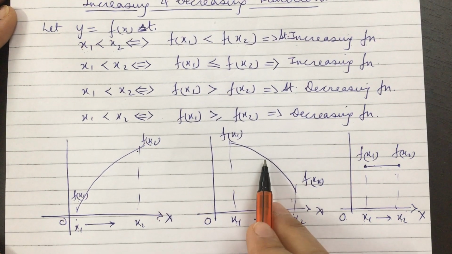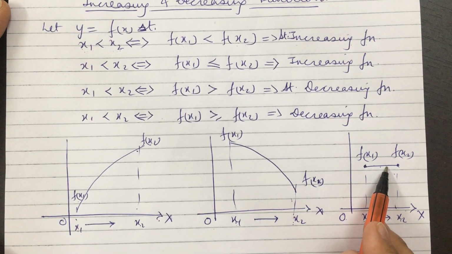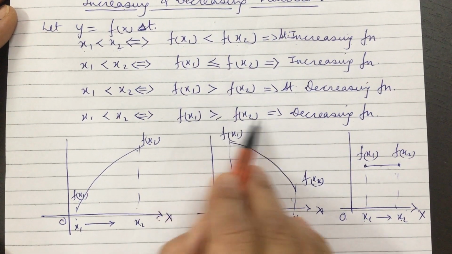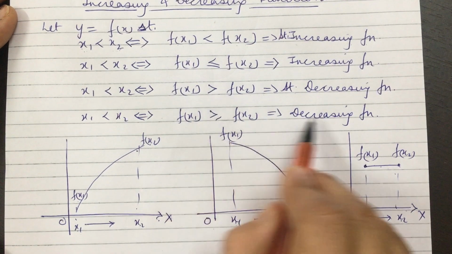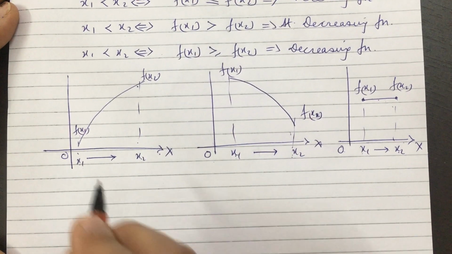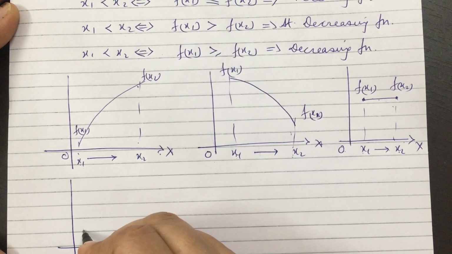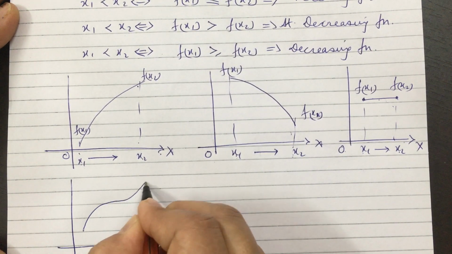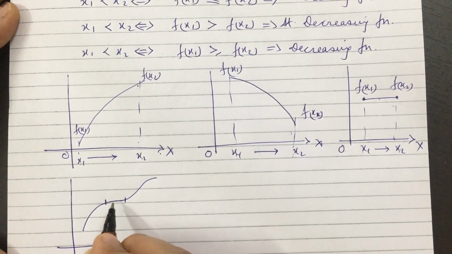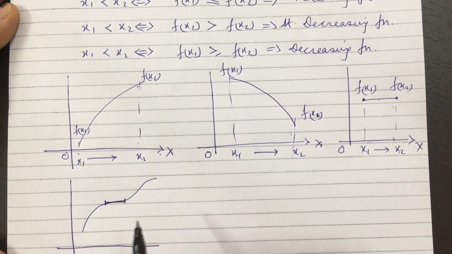In the same way, if it is a combination of strictly decreasing and a constant function, then it is called a decreasing function. The term strictly is dropped from here, and the graph is somewhat like this. You can have something like this and then this. In between there are points where the value of f(x1) is equal to f(x2).